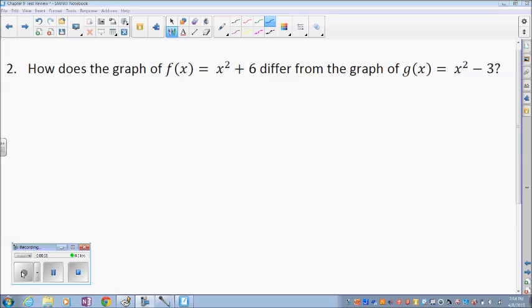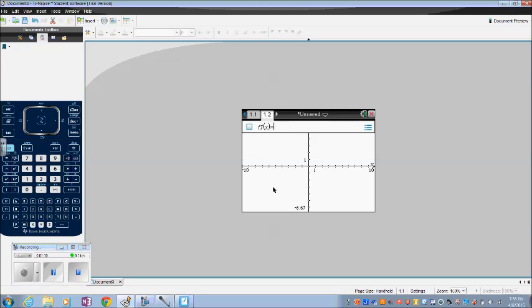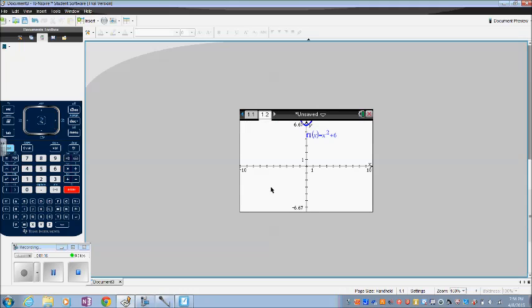Number 2 says, how does the graph of f of x equals x squared plus 6 differ from the graph of g of x equals x squared minus 3? The best way to do this one is to graph them both. So go to your calculator, type in x squared plus 6, and you can't really see it, but that's okay. Now type in the second equation.